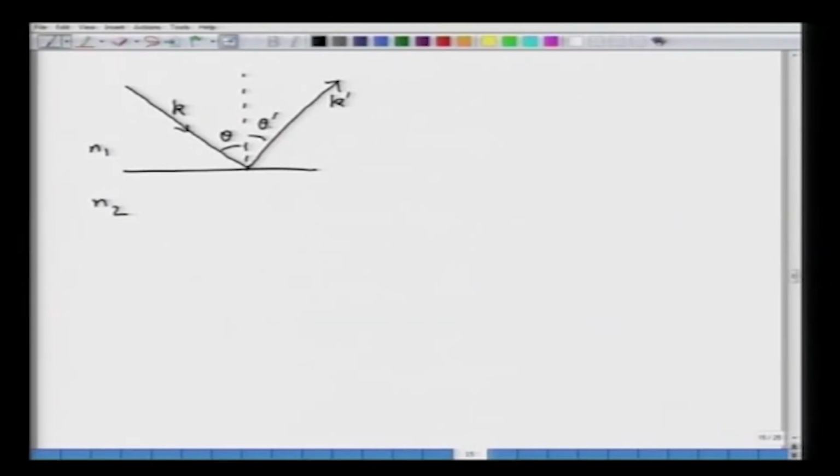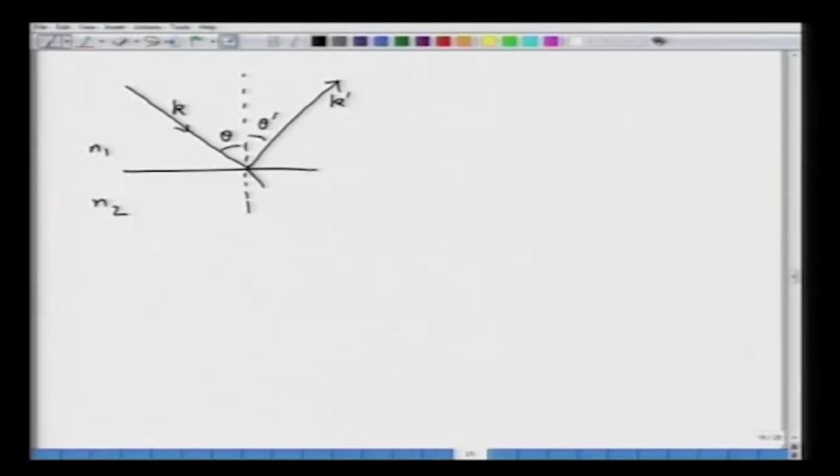I am not defining this theta prime as equal to theta. You have already seen in your high school probably that the reflection is at the same angle, but we would like to derive that condition here. Same thing about refracted light, which is at the angle phi and wave vector k double prime. So, this is your reflected ray and this is your refracted ray.